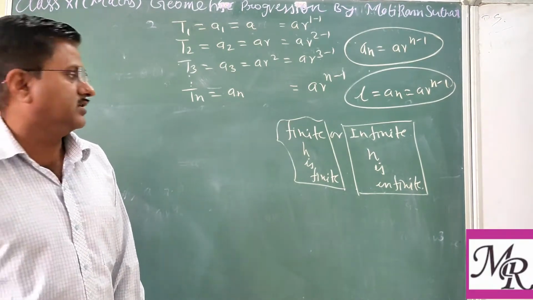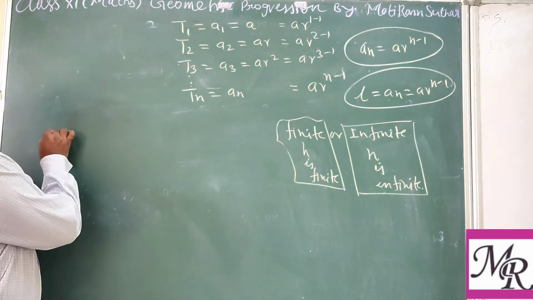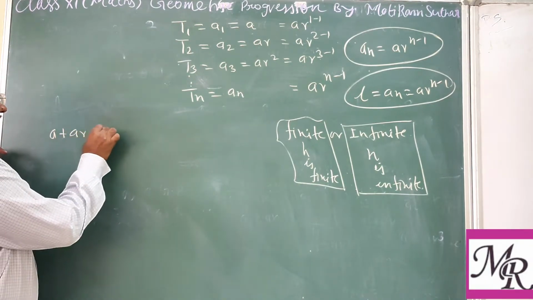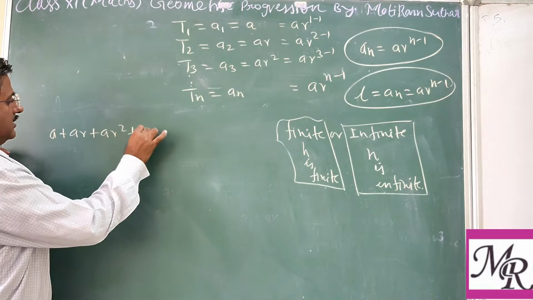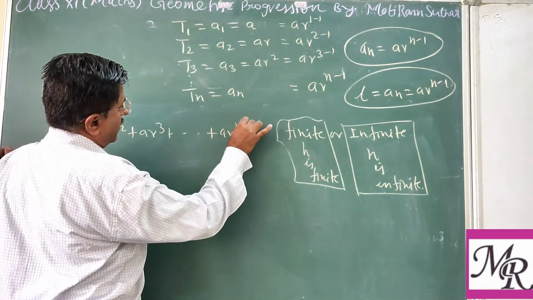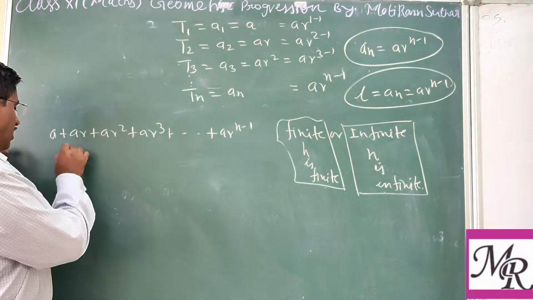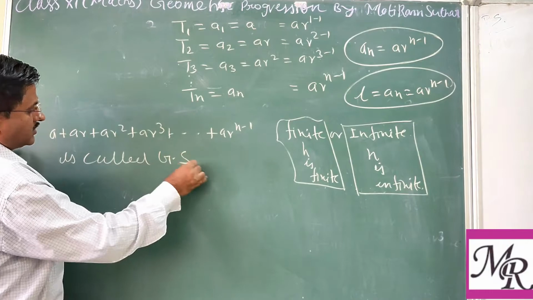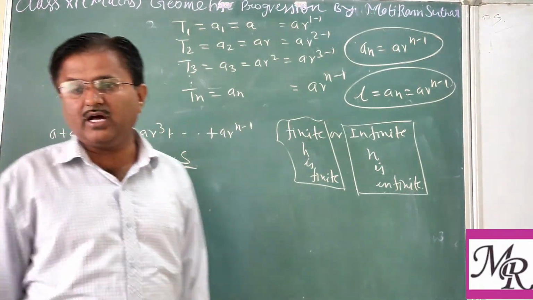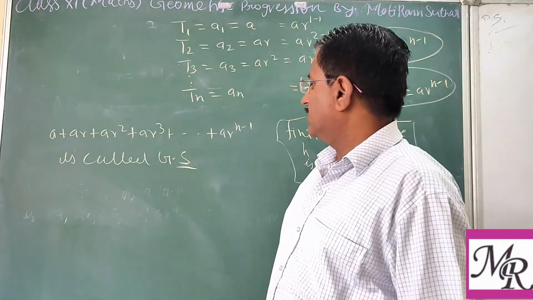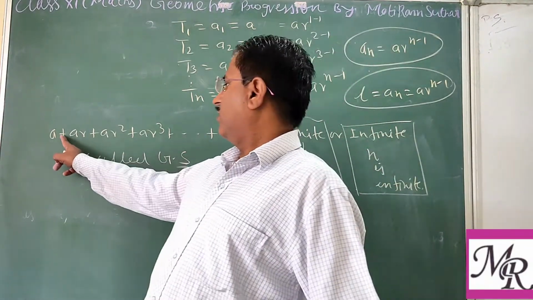Now the series. So we can call A plus AR plus AR power 2 plus AR power 3 plus up to AR power n minus 1 a geometrical series, GS. In a geometrical series we only put plus in place of the commas.